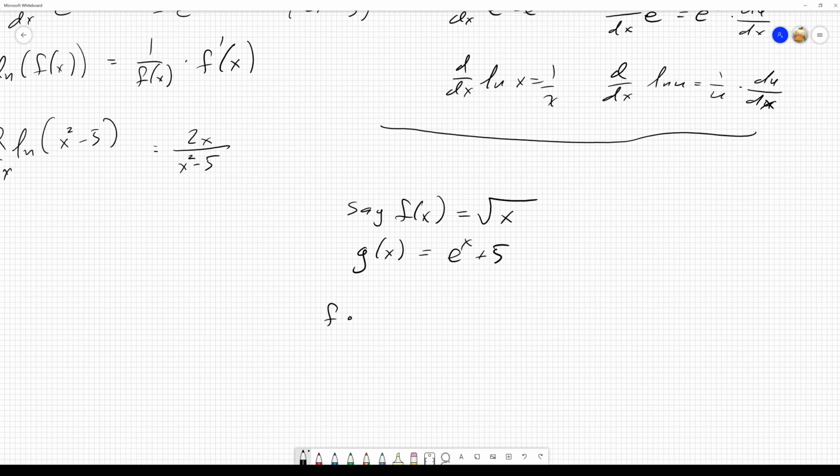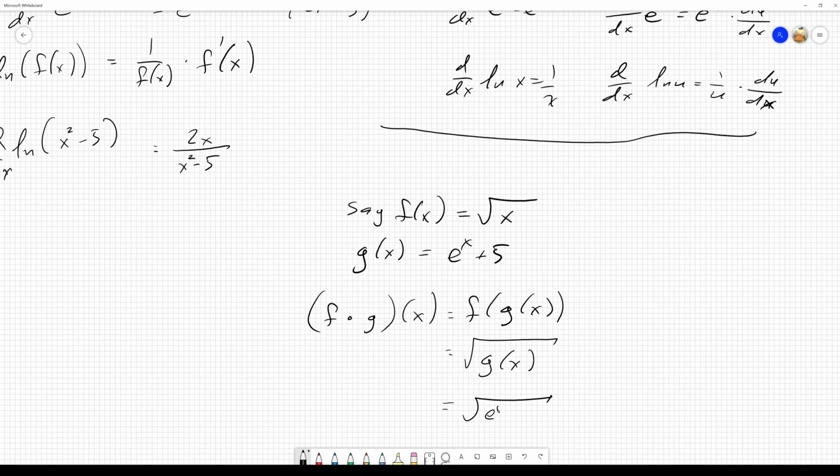Then f of g of x, with a little circle there, is the function you get if you take g of x and you plug it in to f of x. Since f of x is the square root, that means you just take the square root of whatever g of x is. So in other words, f of g of x is the square root of e to the x plus 5.